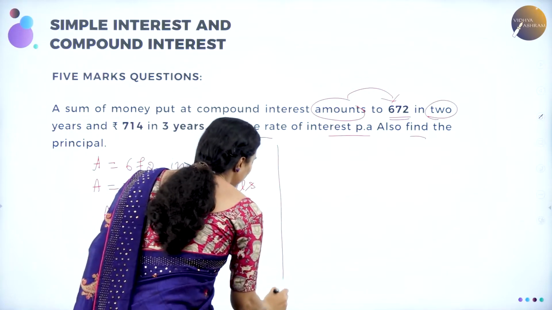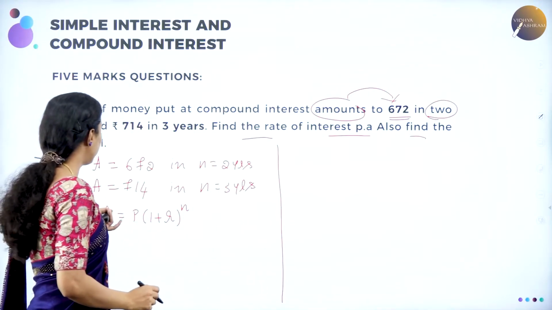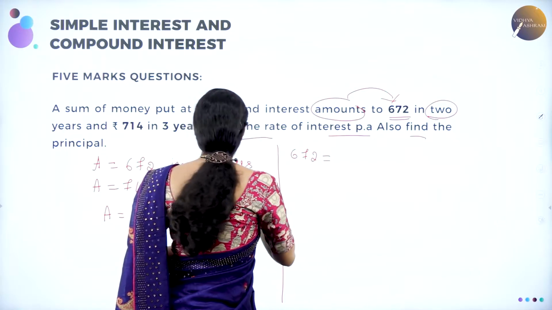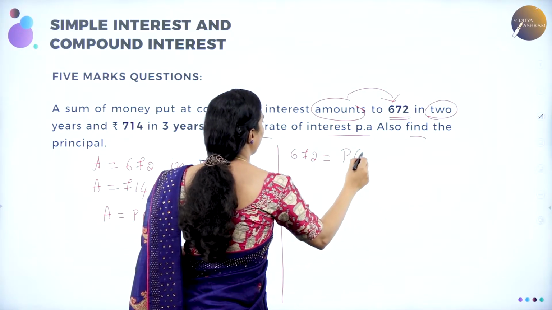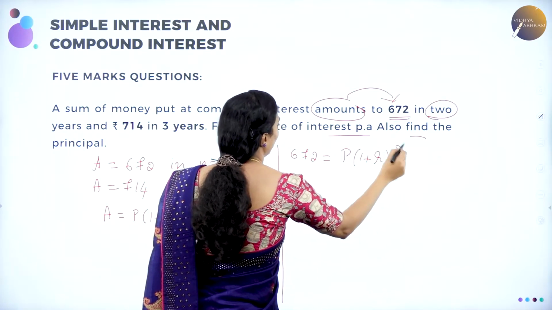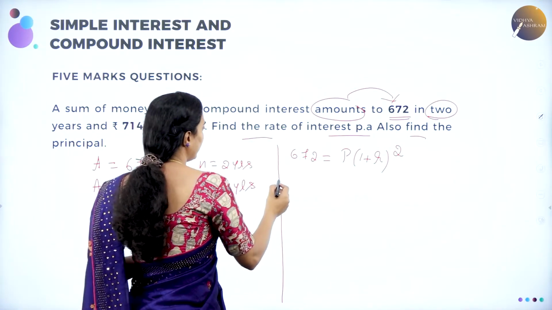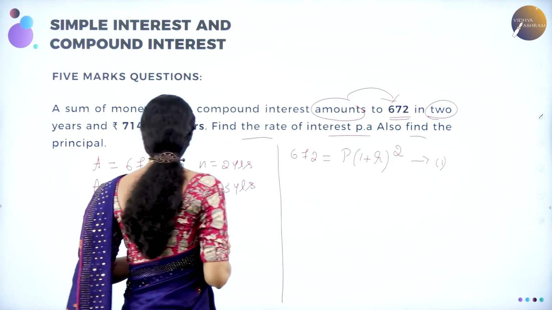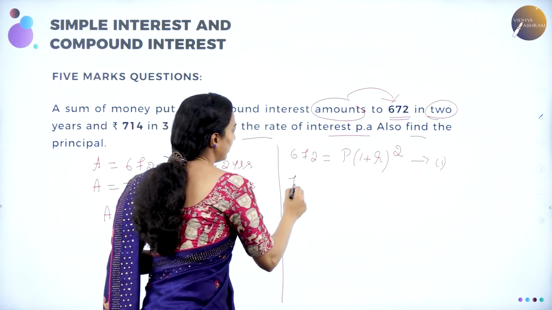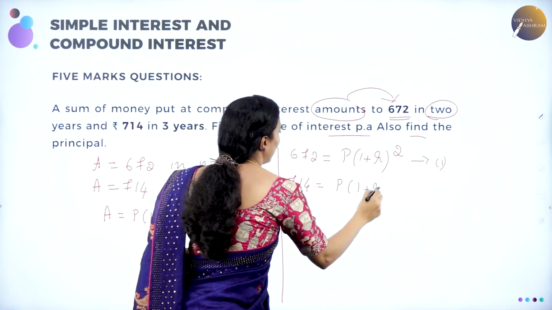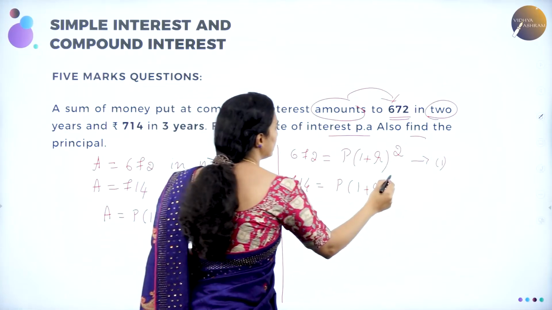Now substitute: 672 is equal to P, we don't know P, into (1 plus R) whole to the power of 2. Let me call this equation 1. What they have given next is A is 714 is equal to P into (1 plus R) to the power of 3, since N is equal to 3 years.